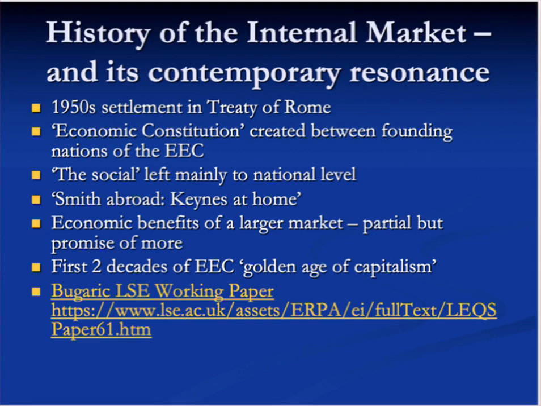And if you think about what was happening in the 1950s in Europe, particularly Western Europe, this was when welfare states were being established. So economic integration was constitutionalized, if you like, in the original treaties in a kind of economic constitution for the original member states. The social side of what was happening was put onto a separate track and stayed mainly national.